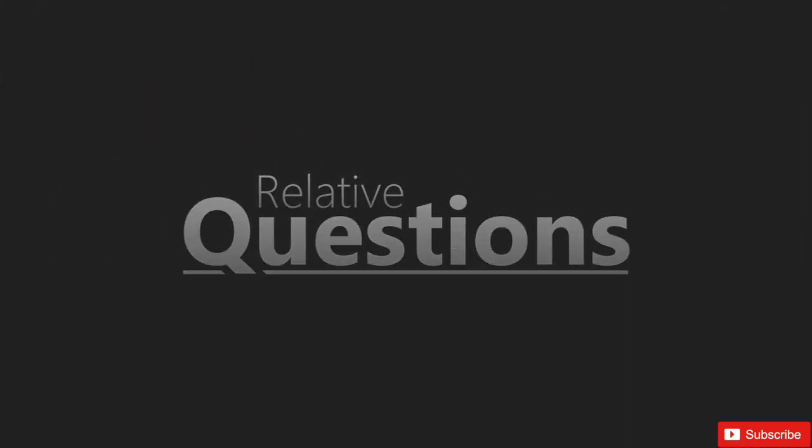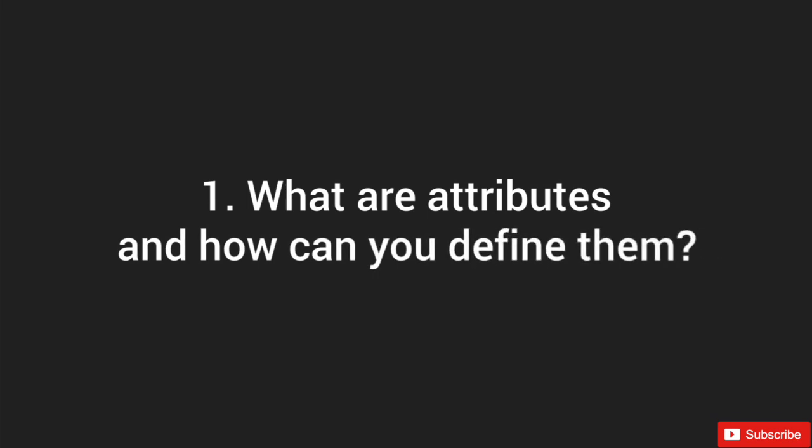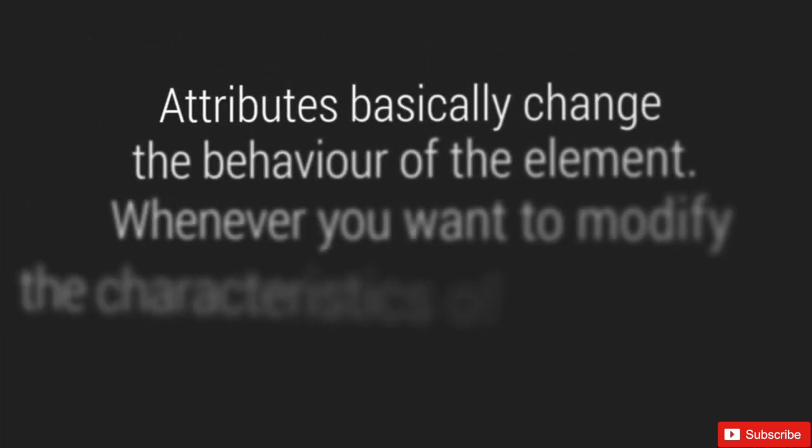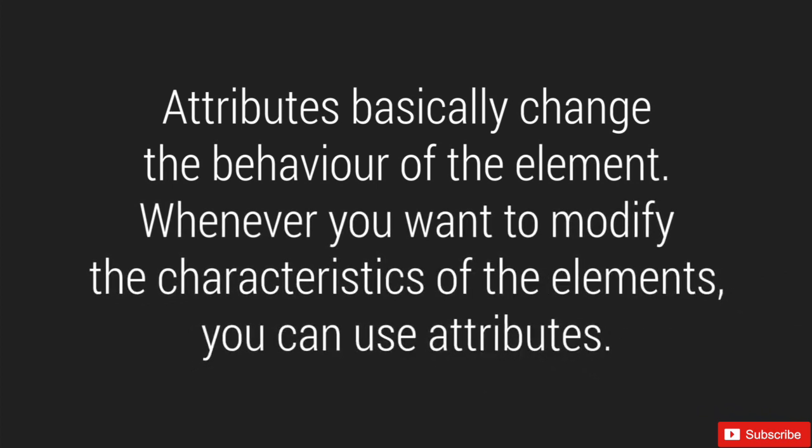Let's talk about relative questions. So the first question is, what are attributes and how can you define them? Attributes basically change the behavior of the element. Whenever you want to modify the characteristics of the element, you can use attributes.